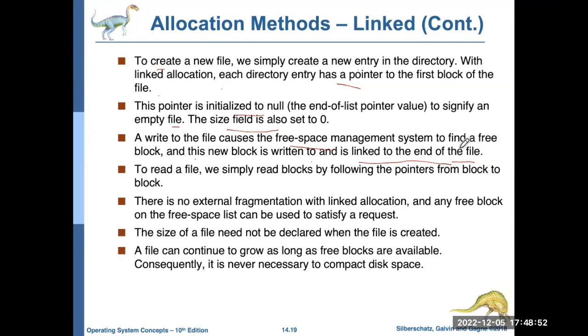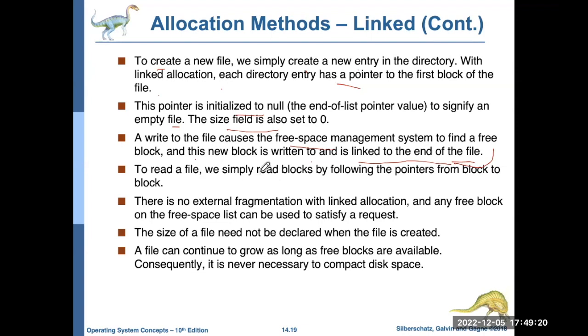One advantage of linked allocation is, in the previous one, we were concerned about the size of the file. If it grows very big, how will the file allocation be handled? This linked structure is able to manage that very well.